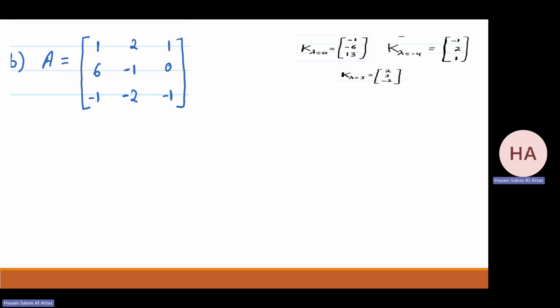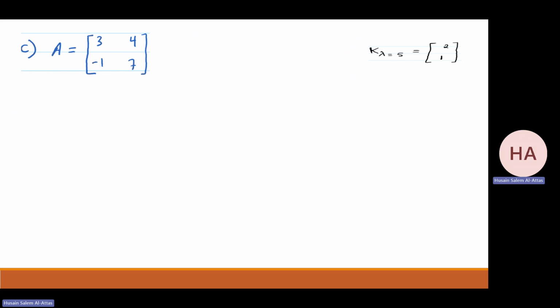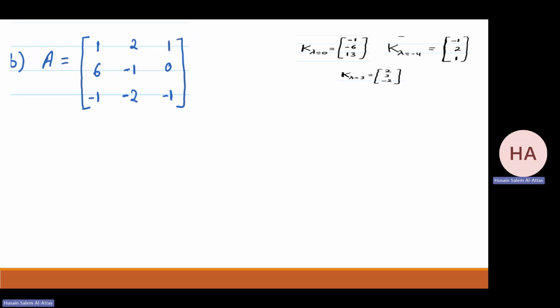Now let me do this one. Wow, it seems to be a little bit complicated. Then the previous ones were the easy ones, okay. So I need A minus lambda I. That will be 1 minus lambda, 2, 1, 6, minus 1 minus lambda, 0, minus 1, minus 2, 1 minus lambda.